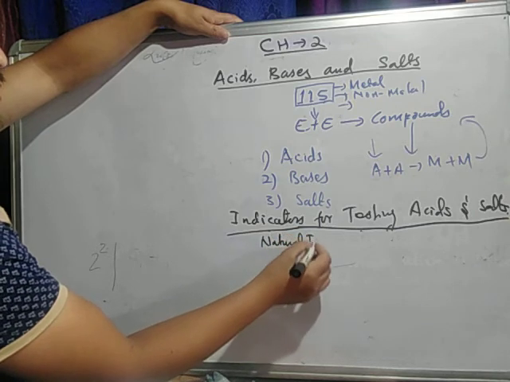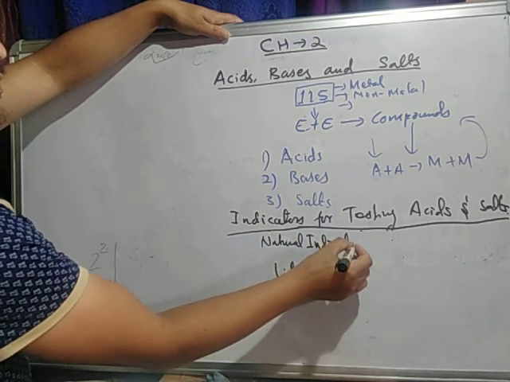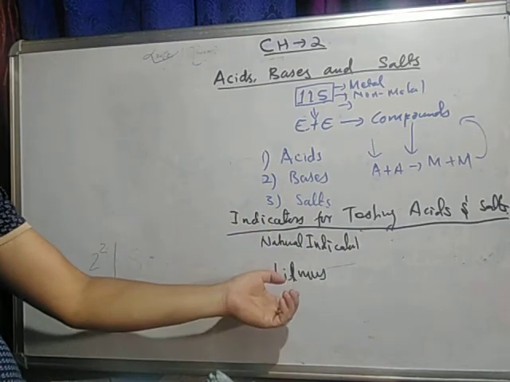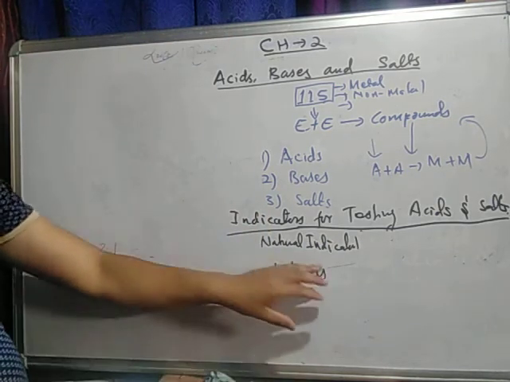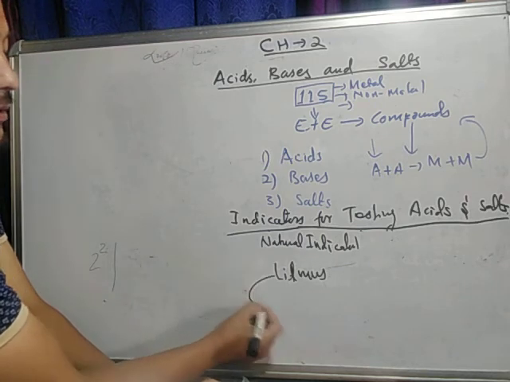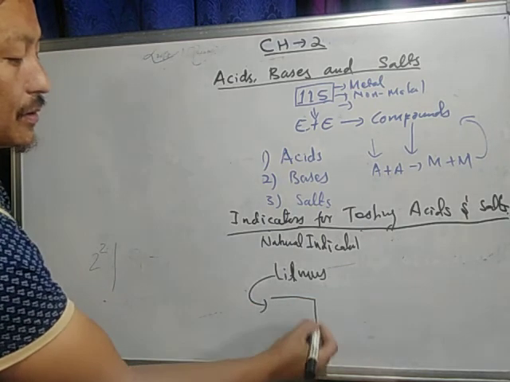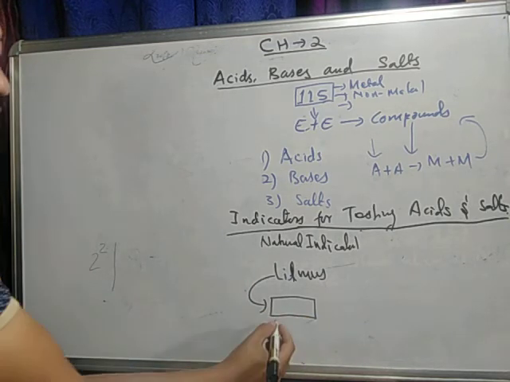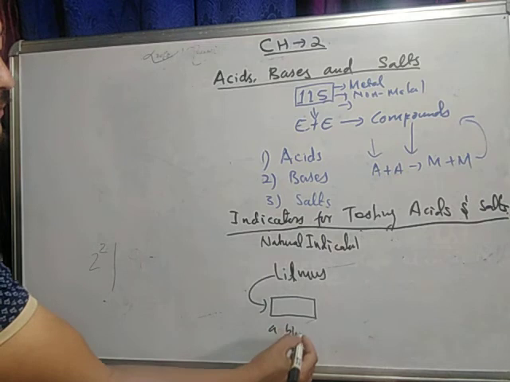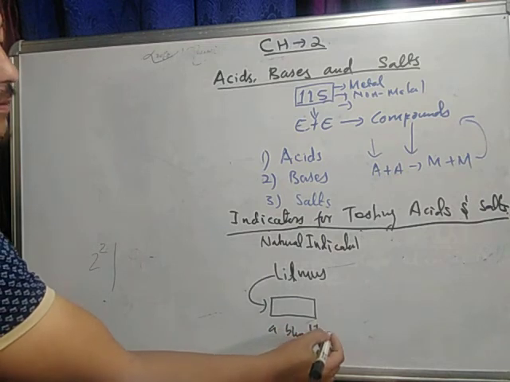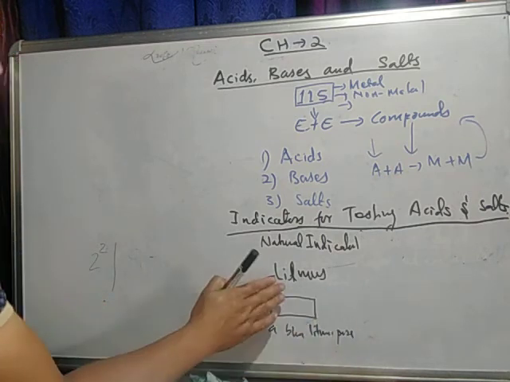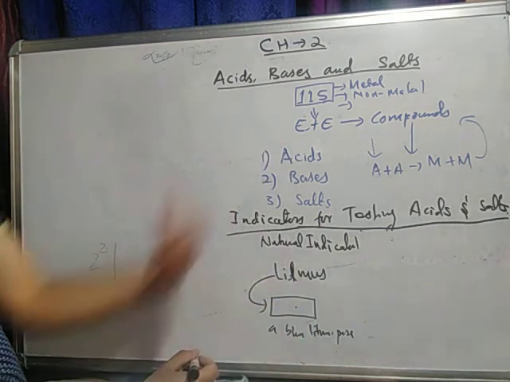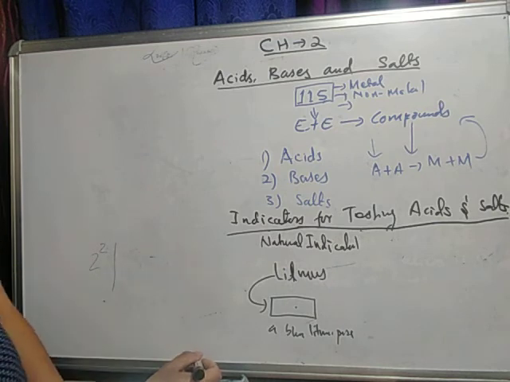Litmus naturally you will get, it's purple in color, and we get this color in paper. Red litmus and blue litmus. So first write down blue litmus. We will test this one in your practical class in the school lab. So that's why this chapter is very interesting.